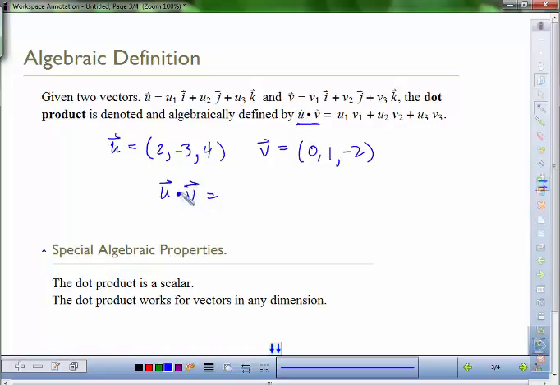We use this dot, made a little bit darker to show that you're dotting it, and that should equal 2 times 0 plus negative 3 times 1 plus 4 times negative 2. So that's 0, minus 3, minus 8, negative 11.